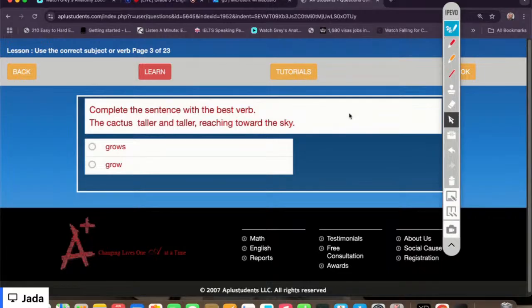So the cactus dash taller and taller, reaching towards the sky. Grows or grow?